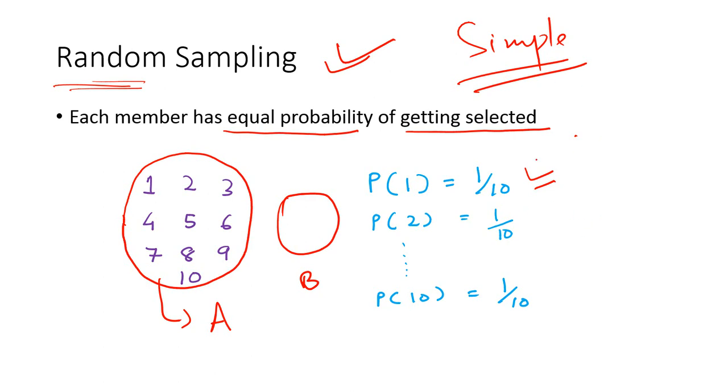Remember, the probability that each element is selected from the population to be in the sample could actually vary. We are assuming here it's constant for all the elements, but it could actually vary.